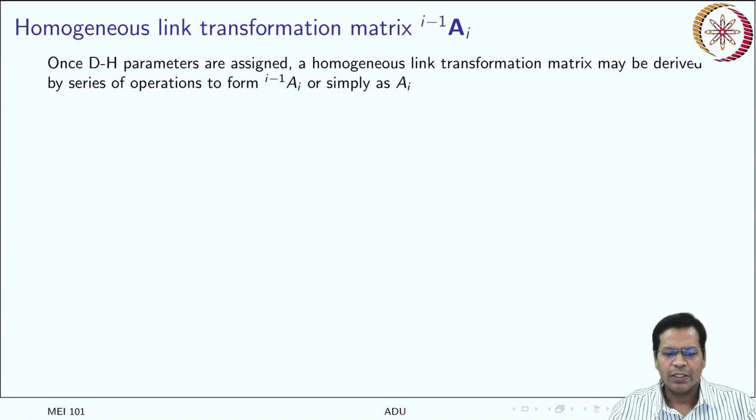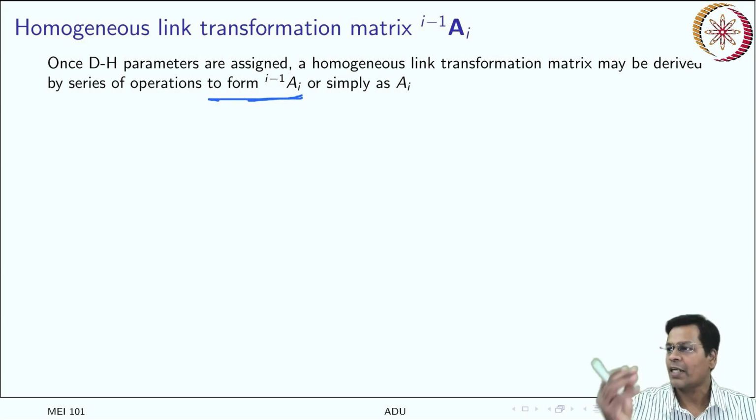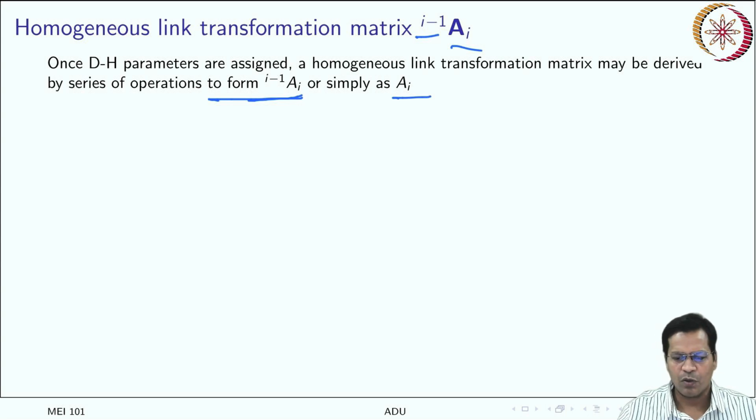So that is what a homogeneous link transformation matrix is. Once the DH parameters are assigned, the homogeneous link transformation matrix may be derived by a series of operations, known as A i minus 1 i, starting from the i minus 1th frame to the ith frame. Or we'll simply call it Ai instead of A i minus 1 i. Okay, so let us see how we'll go for it.